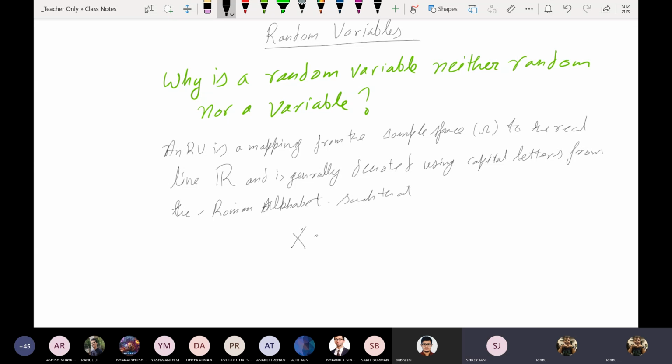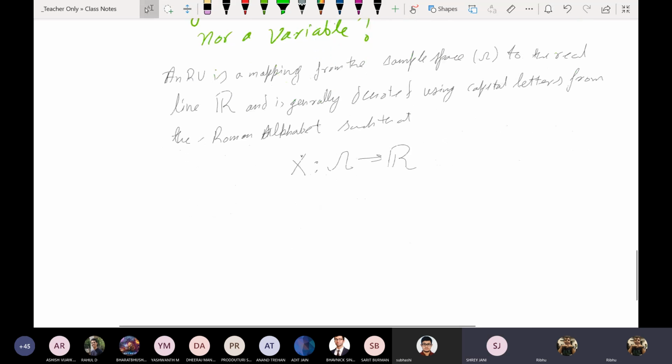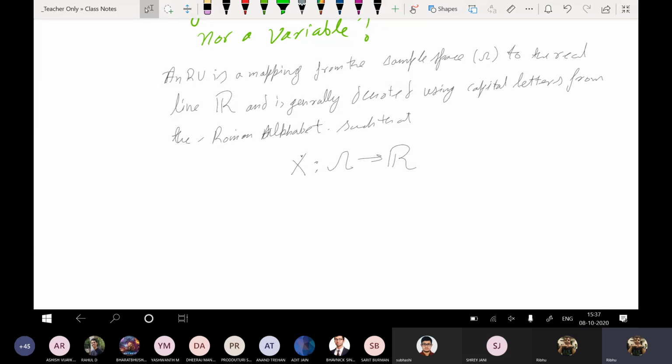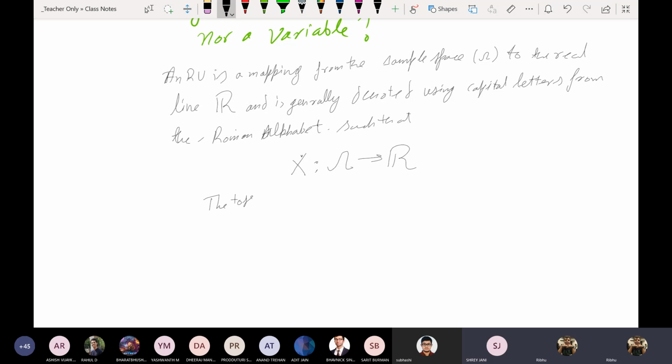A random variable X is a mapping from omega to R. Fine. So now to clarify Shubhashish's question, let's say that we consider the tossing of a coin. So omega now contains these outcomes, heads and tails.